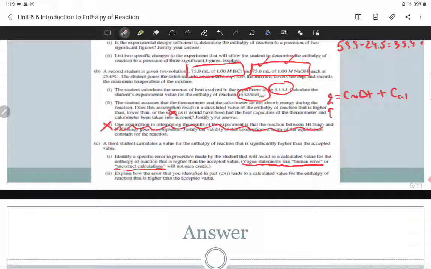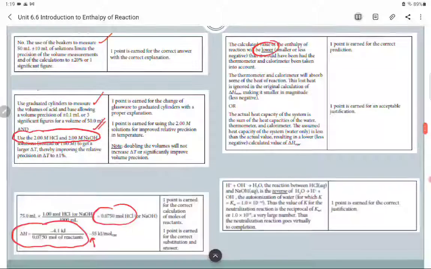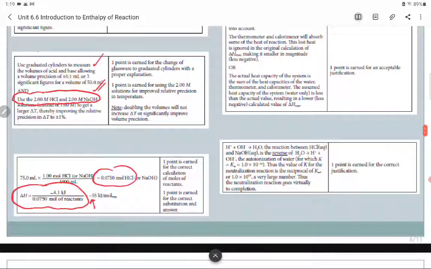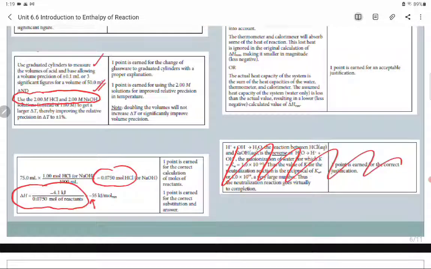Don't do it on a test question. Don't do it when you're talking with your friends. So we need a specific error. So let's just go straight to what these guys said. So this is the part, by the way, that we don't know how to do yet. So that was that part we skipped. So let's move on a little bit here.